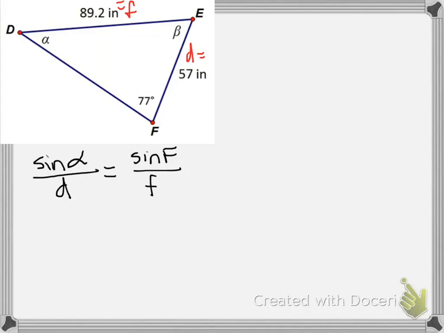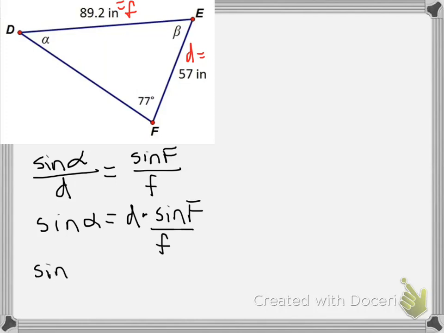We want alpha, so we'll need the sine of alpha first. And I'll go d times the sine of f over little f. Now it should be pretty easy. Sine alpha equals d, we said was 57 inches, times the sine of 77 over 89.2.